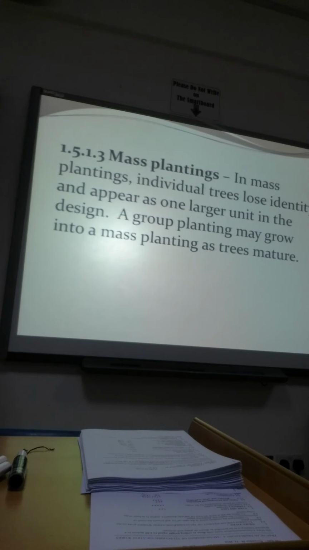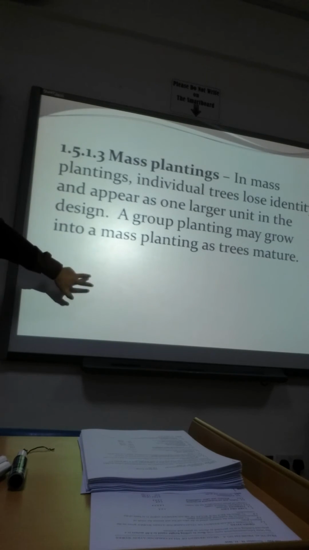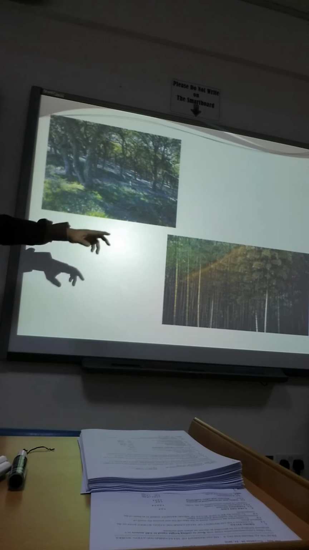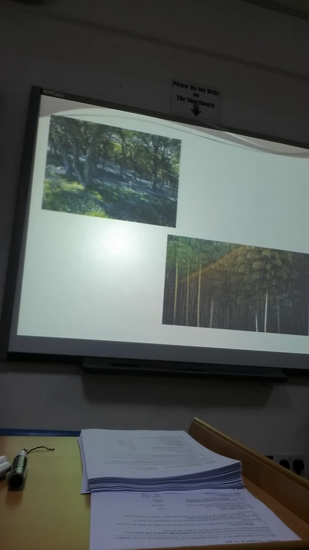Then younger trees have grown beneath or under the old trees. Therefore, it appears to be a group or a mass planting. Therefore, this is a type of mass planting where it is not already in spacing. There is no spacing and there will be no form in the manner of planting of this vegetation already.